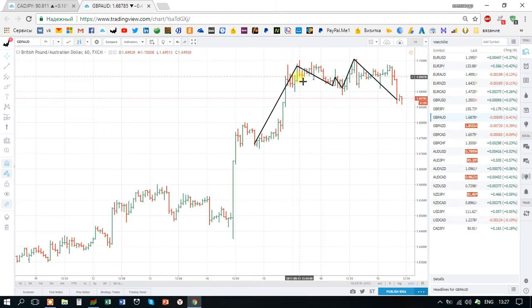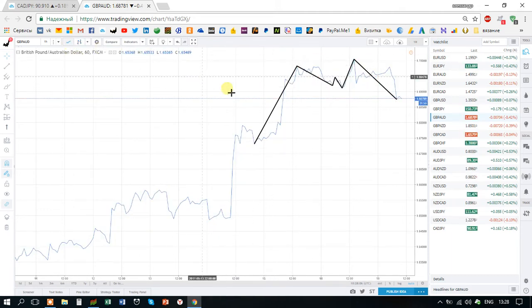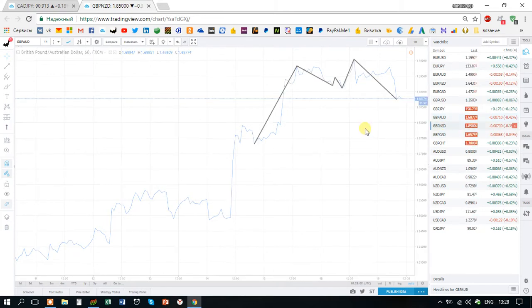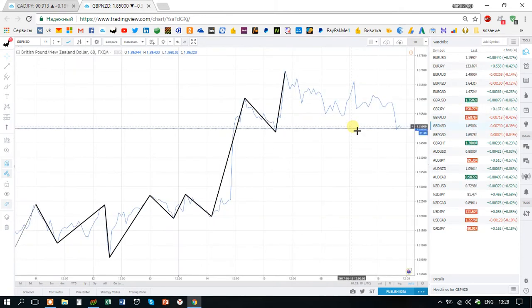What is this high? 7, 8. What is this high? 7008, and this one's 70058. Okay, the second one is higher. No trading opportunity yet.